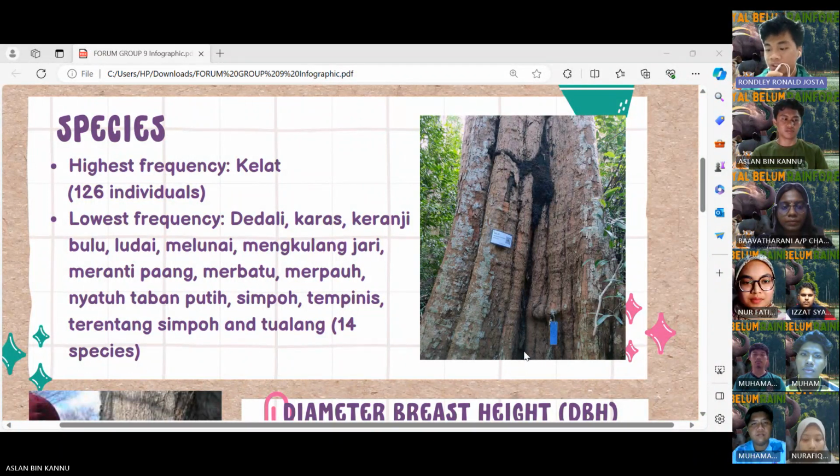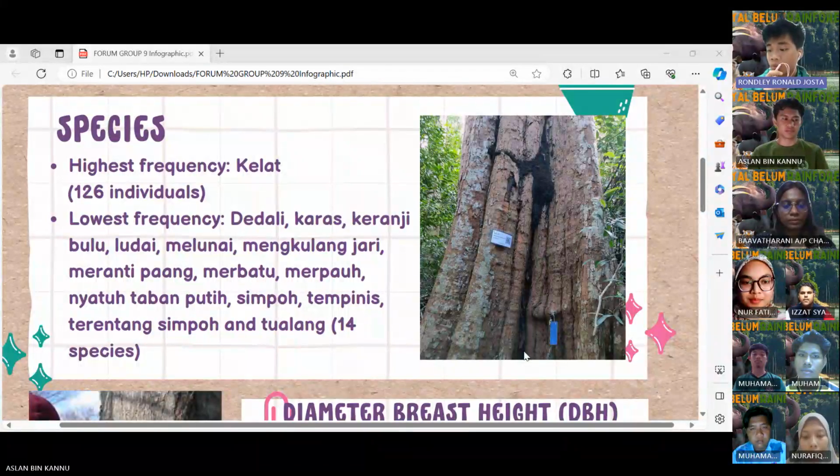The highest frequency number of species is Kalat, which is 126 individuals in total, while the lowest frequency number of species, from total 10 to 1 frequency, has 61 species.